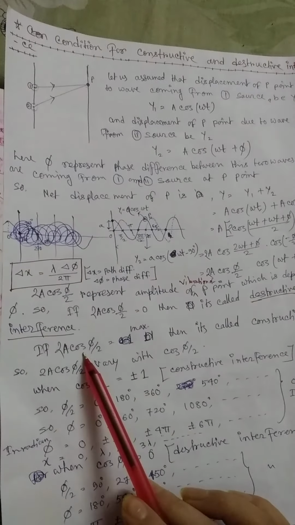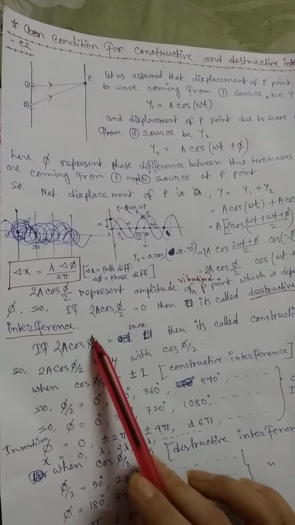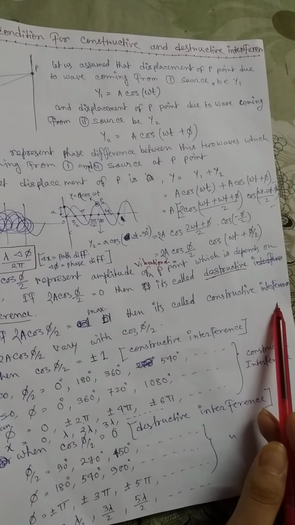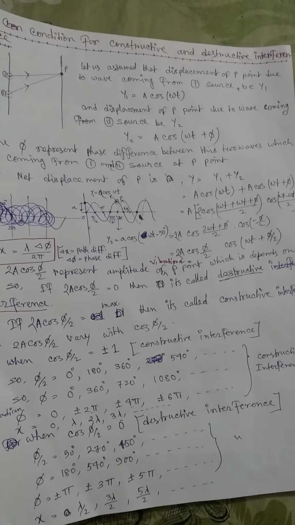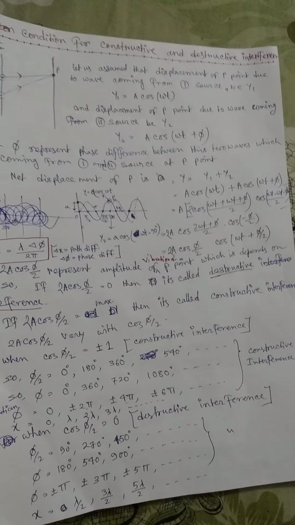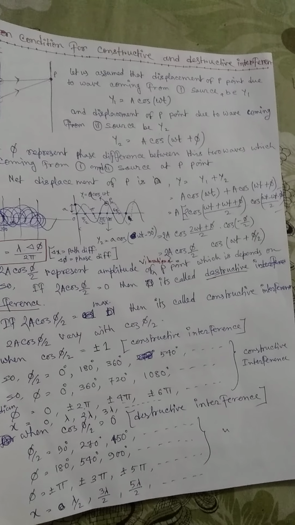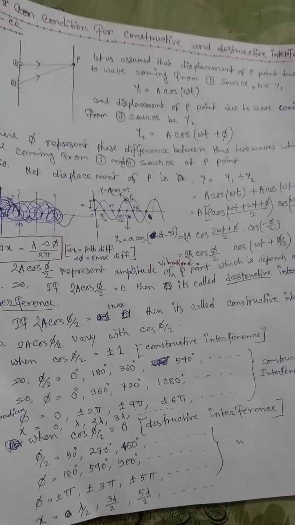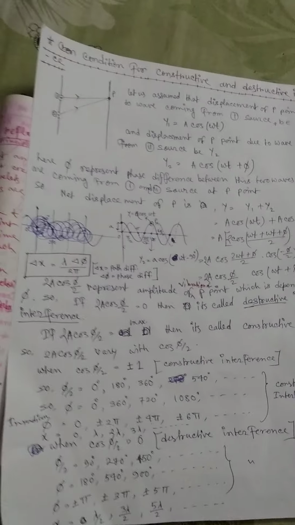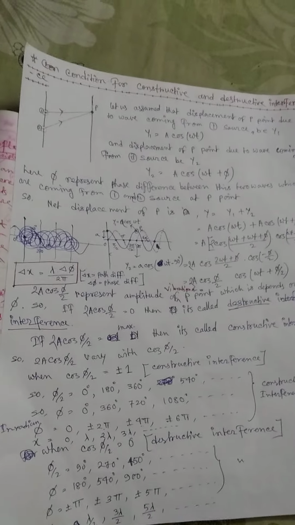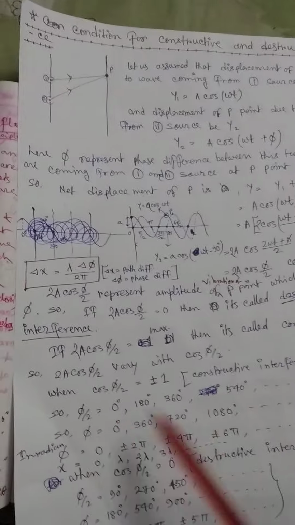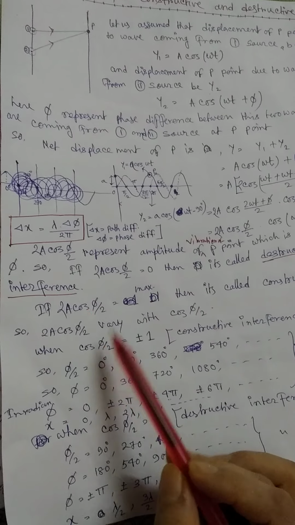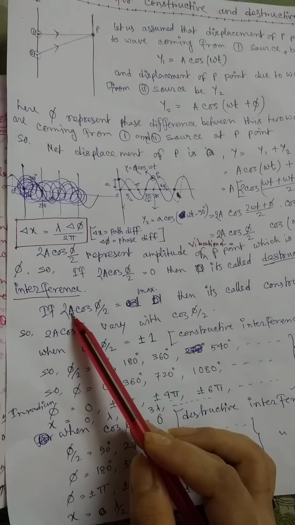And if this is maximum, that means 2A cos(phi by 2) is maximum, then it's called constructive interference. That means if the magnitude of vibration of P point is maximum, then the interference is constructive, right?